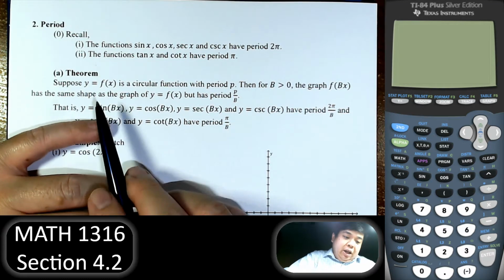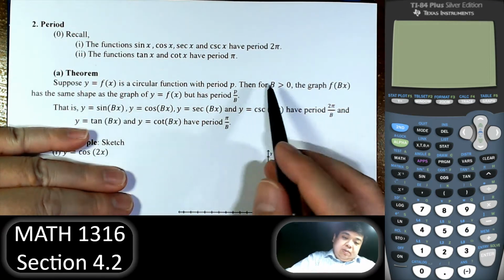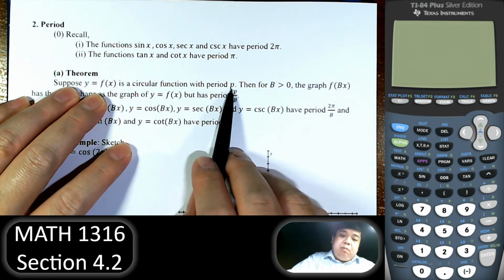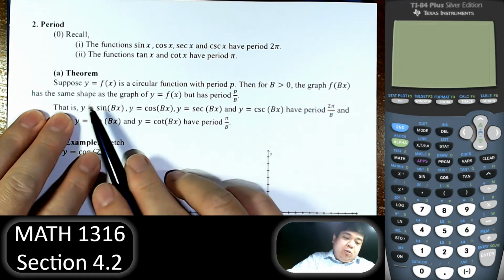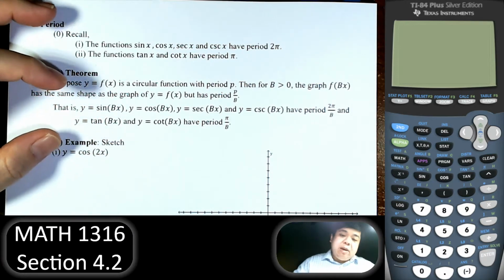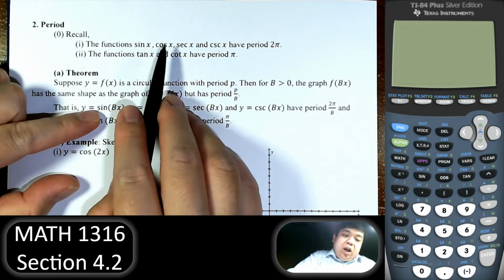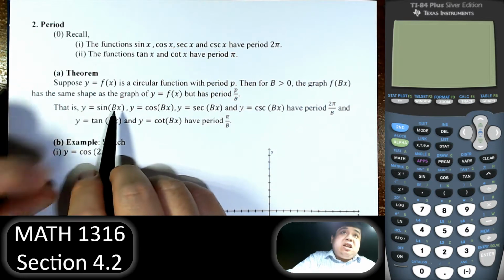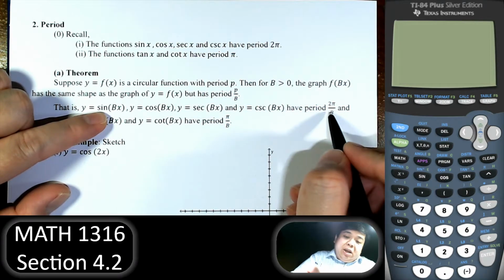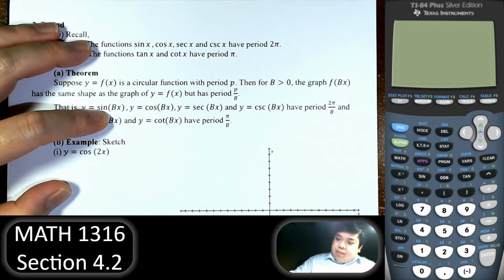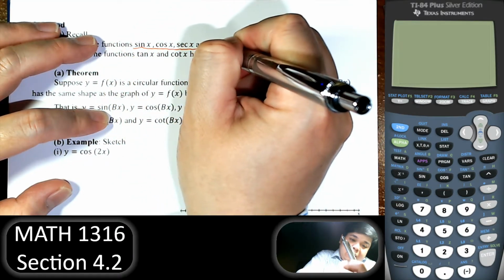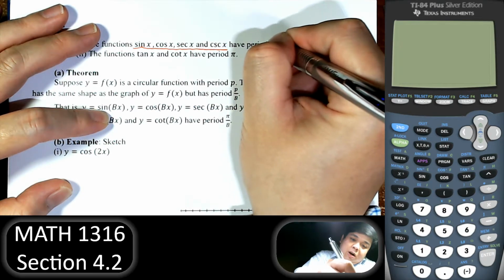Now we have a theorem. If we have a periodic function with period p, the graph will have the same shape, but the period is going to be p divided by b, where we have b multiplied to x. For example, for sine, cosine, secant, and cosecant, the standard period is 2 pi.